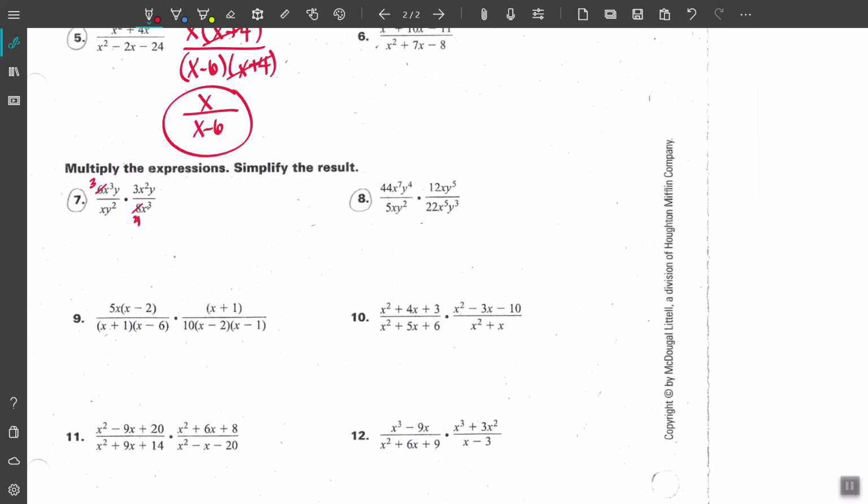Actually, I could reduce them this direction as well, and that would just get rid of them completely. So x cubed and x cubed will go away. I can do it this way with the other x's. So x squared and x, I'm dividing them. So I'm just rewriting the base and subtracting my exponents. So I'm going to end up with an x to the 1 up here.